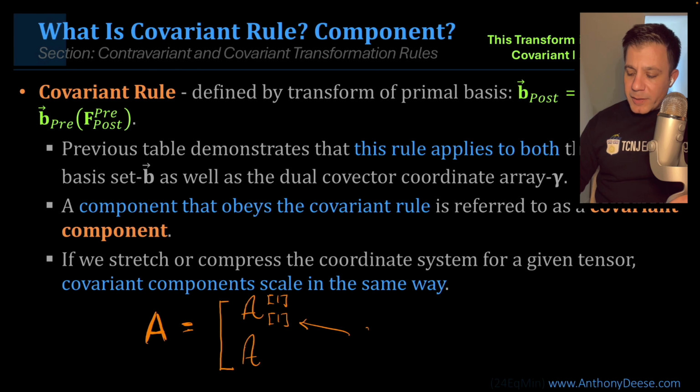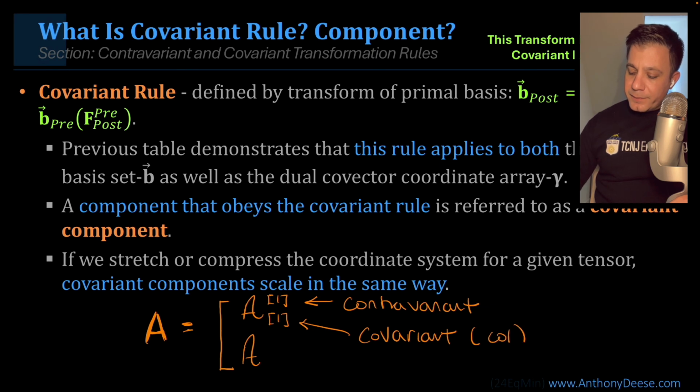We call the subscripts the covariant indices, and we call the superscript the contravariant index. The subscript denotes the column that we're working with, or shows how we move throughout the matrix from left to right. The superscript refers to the row, or shows how we move through the matrix top to bottom.